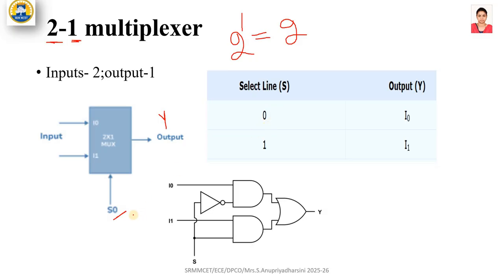We can see here, if the select line has the value 0, the input which comes in I0 will be there at the output. If the select line has the value 1, I1 appears at the output. So how to write the expression for this?